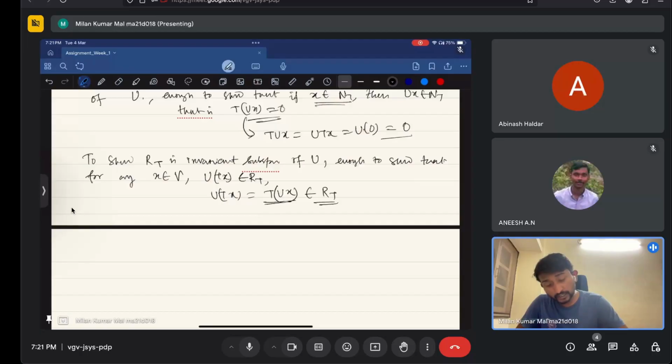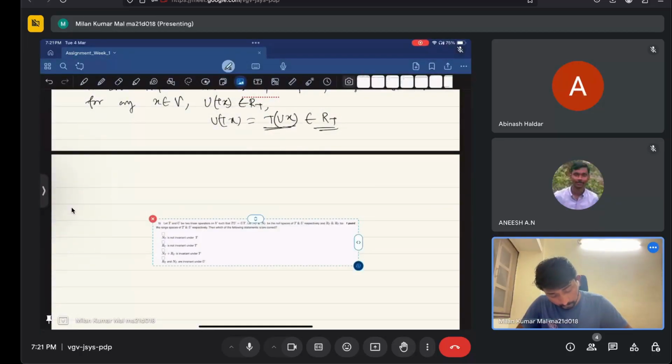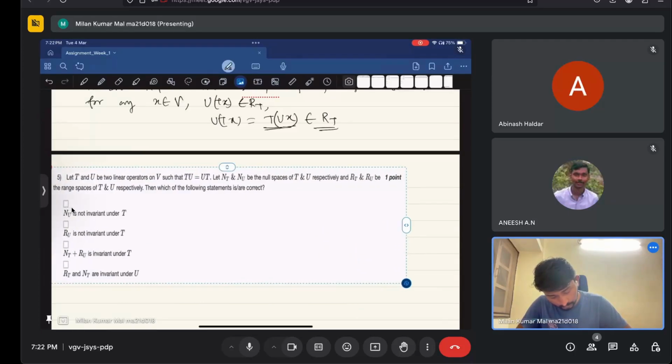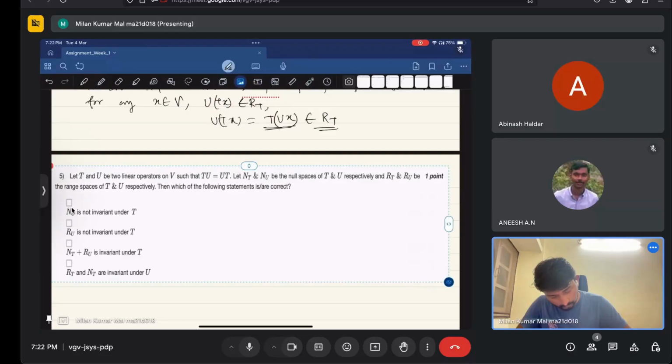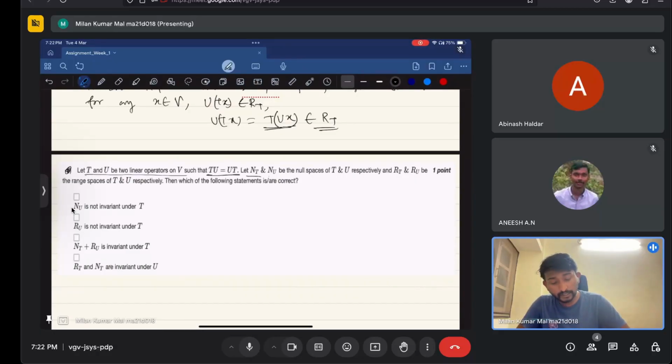Okay, so the next problem is maybe some application of this theorem. What it is saying: let T and U be two linear operators on a vector space V, with UT equals TU.